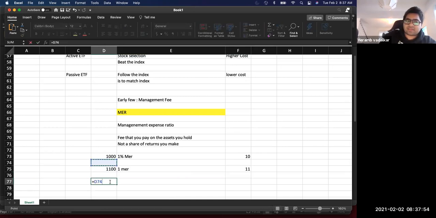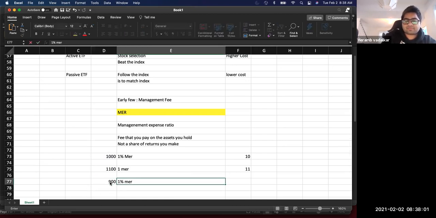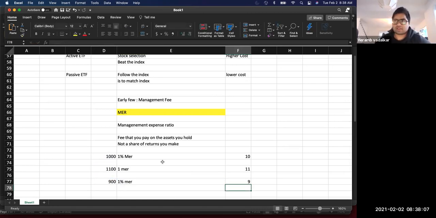And in the same way, if the fund goes down by 10%, you still have to pay MER. So MER will go down to $9. So once again, MER, management expense ratio, is the fee that an ETF or a mutual fund charges every year.